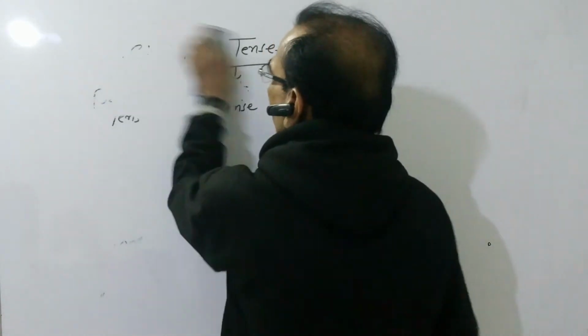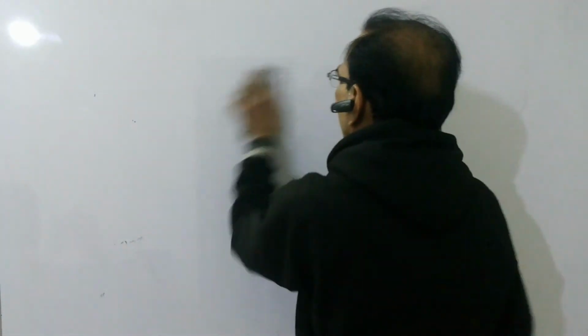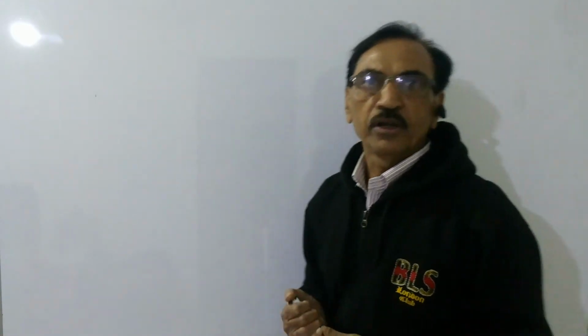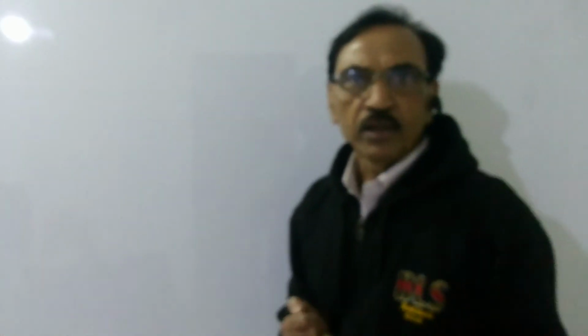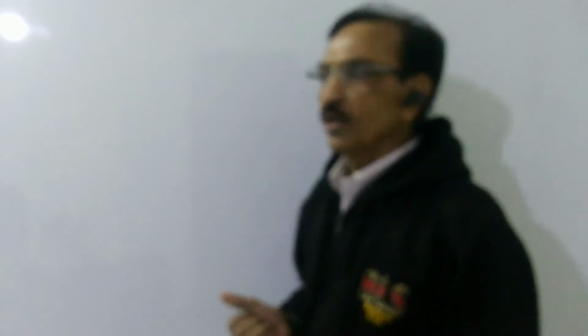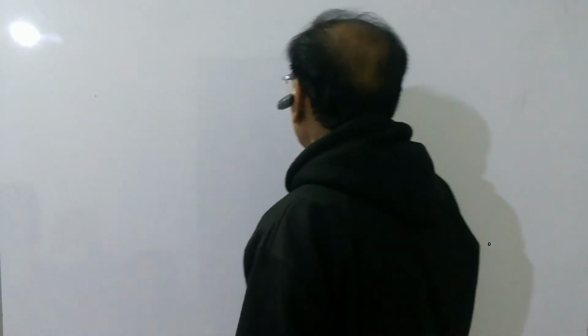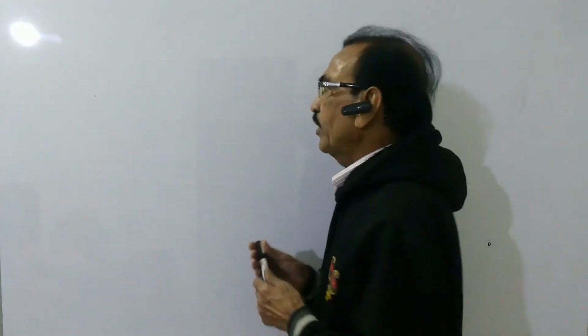Now today I will give you some tips about how to make the study of tenses very easy. Which is the best method to remember and understand the use of tenses? Generally most students find the study of tenses very complex. They feel confused. So we are going to teach you in a different way.